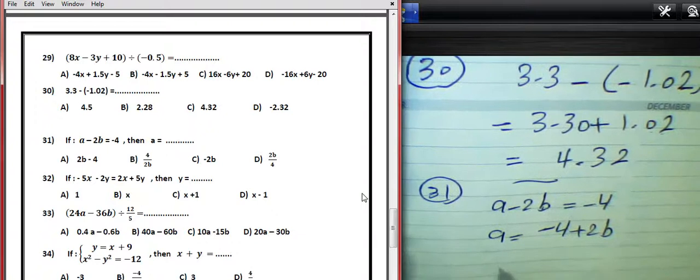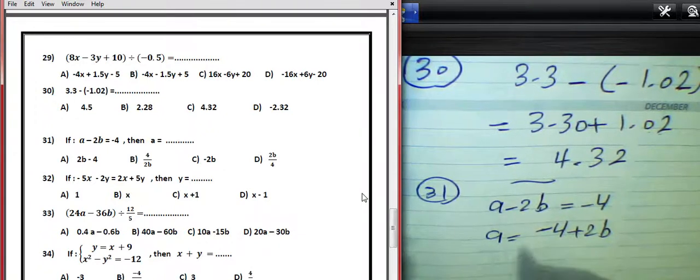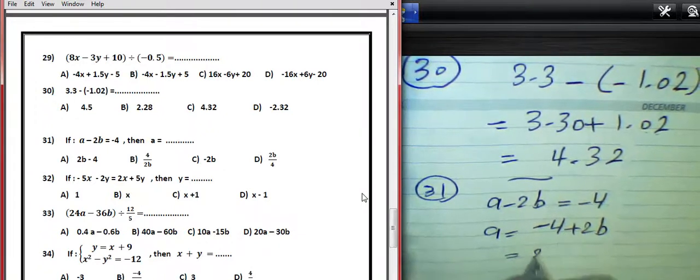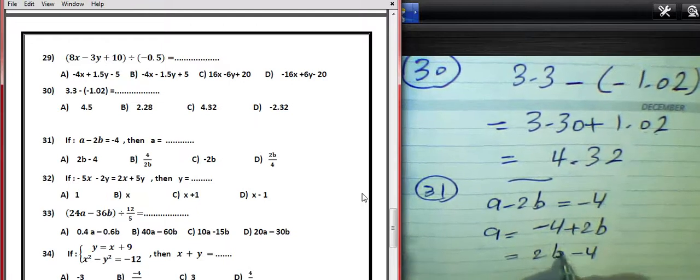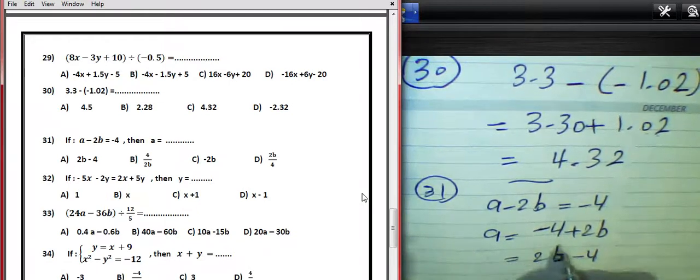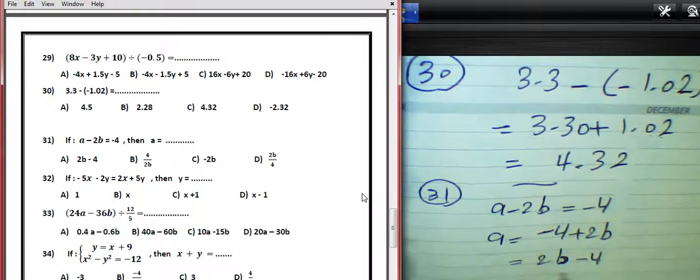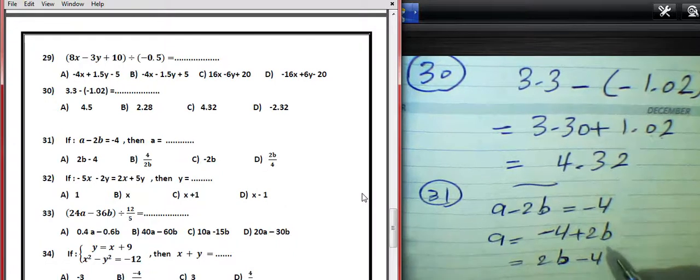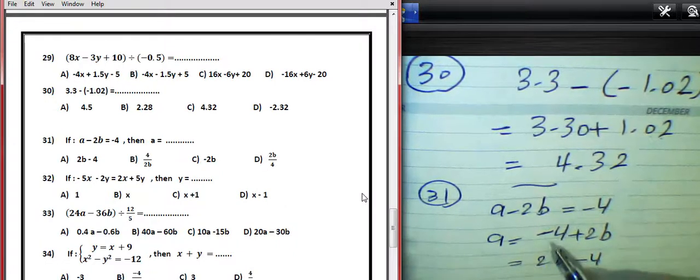Letter what? Letter A, because we can write it as 2b subtract 4. We can replace the two terms here. Okay, right, 2b in the first and negative 4 in the second term, so 2b subtract 4 is the result for the value of a. And what about question 32?